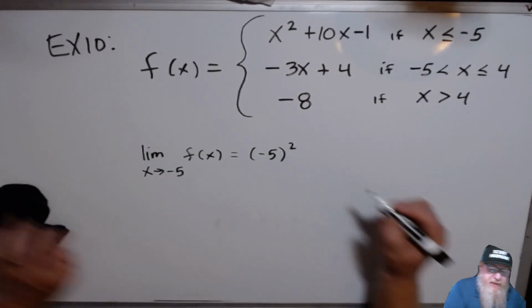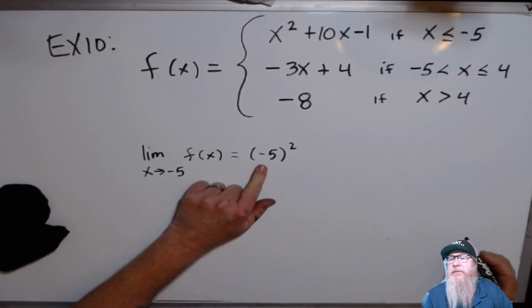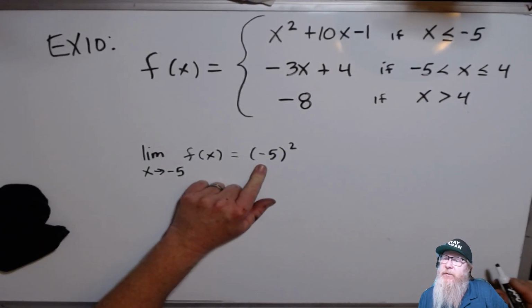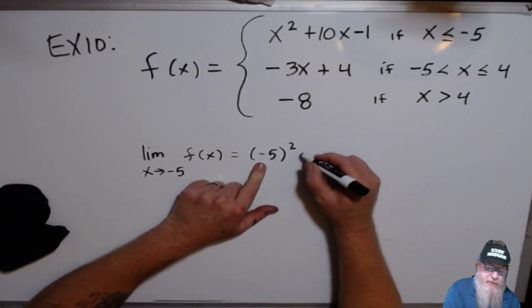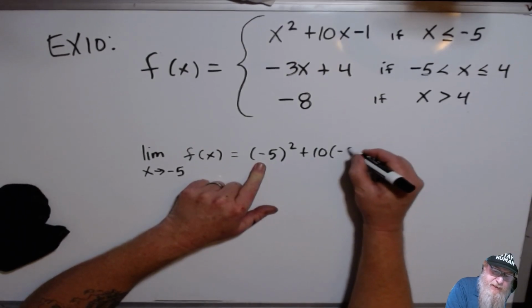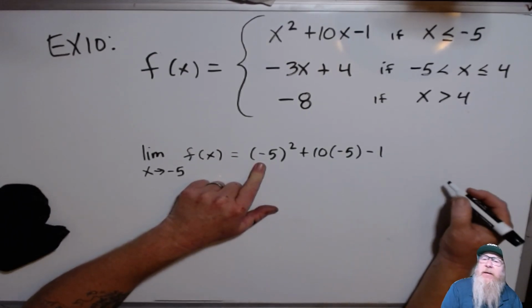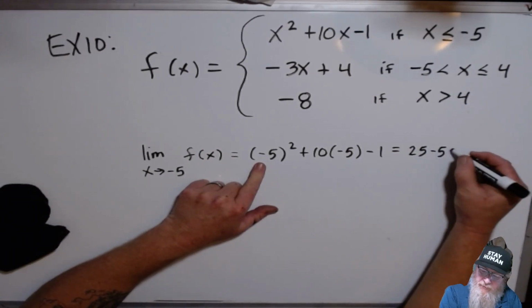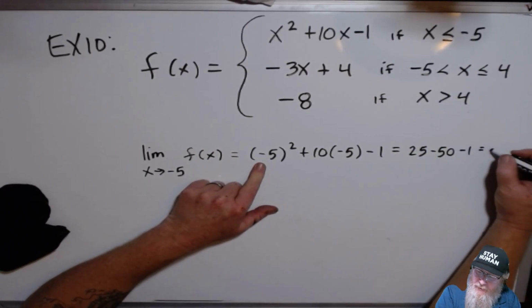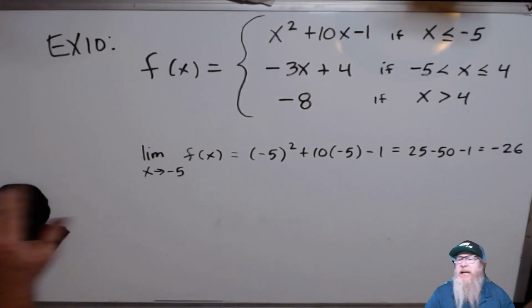Now this time it's (-5) squared, as opposed to -5 squared. So this is a double negative, which will be positive. Plus 10 times -5 minus 1, which is 25 minus 50 minus 1, -26.